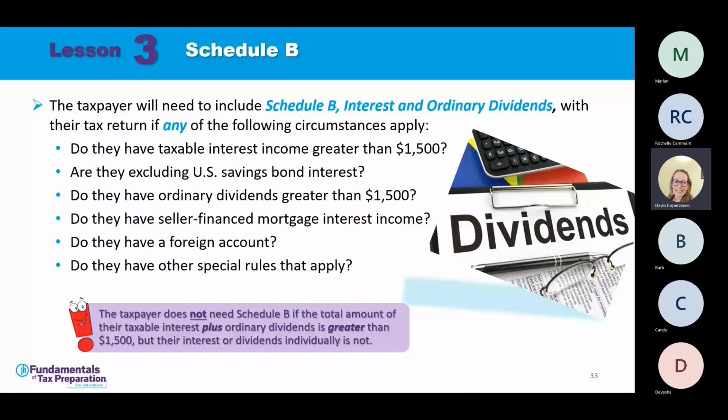So all those rules are how you know when they need to file Schedule B. They don't have to file Schedule B just because their total taxable interest plus their ordinary dividends is greater than $1,500, if their individual interest or dividends are not.